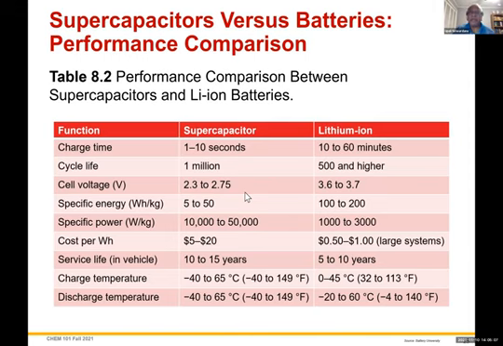So these are the considerations that you should take into account when you're considering using supercapacitors and batteries in different applications.